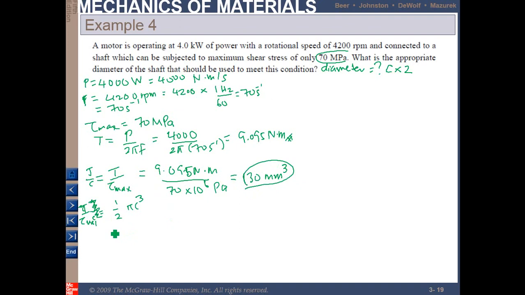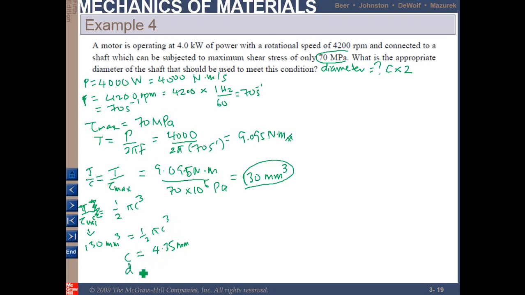So this torque over shear max is equal to 130 mm to the power of 3, which is equal to 1 over 2 pi C to the power of 3. So C is equal to, you will get 4.35 mm.